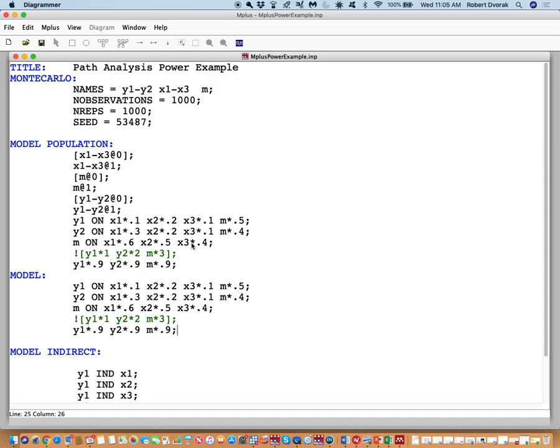Okay. So sometimes we run a study and things don't work out, right? We've run a power analysis ahead of time, and we've come up with a sample size, and then we want to understand why in the world this did not work out. You can go back and specify, here's what the population says this model should look like, and here's what my model actually looks like.